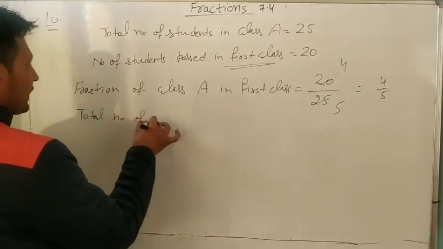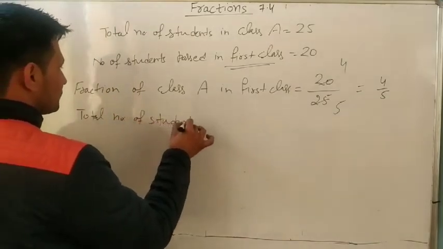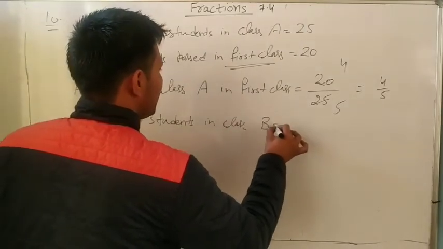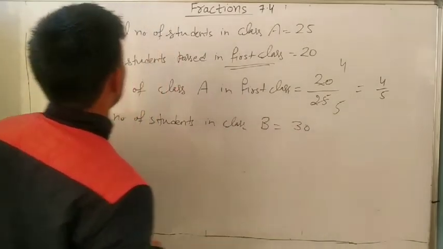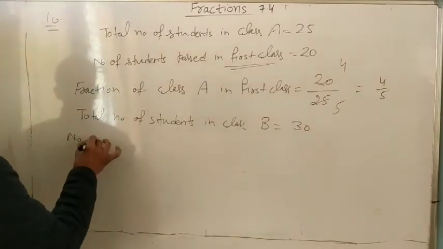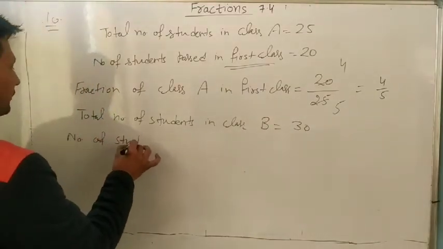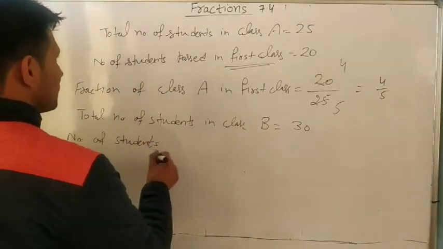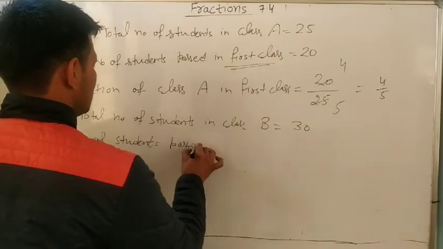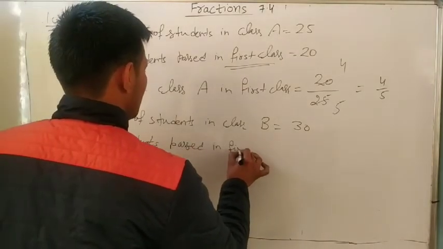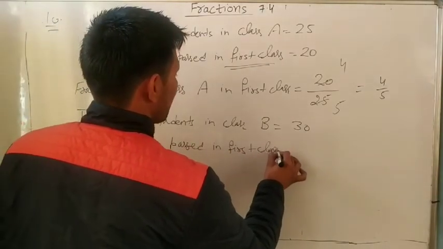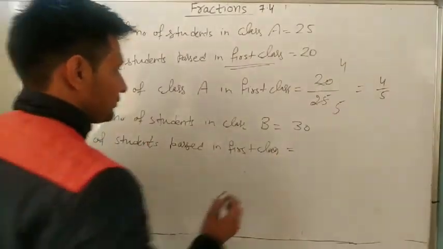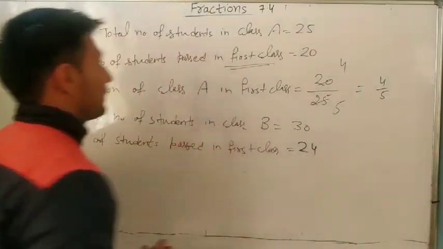Same as it is. Total number of students in class B, how much? 30 students. And number of students passed in first class in class B is 24.